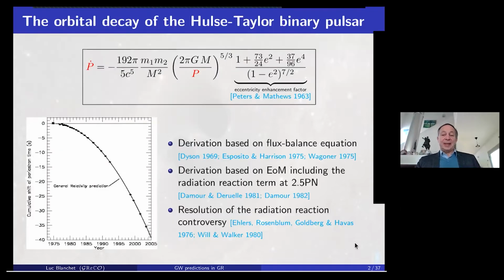The first test of that formula, the lowest post-Newtonian approximation, the Einstein quadrupole formula, was of course done with the Hulse-Taylor binary pulsar.